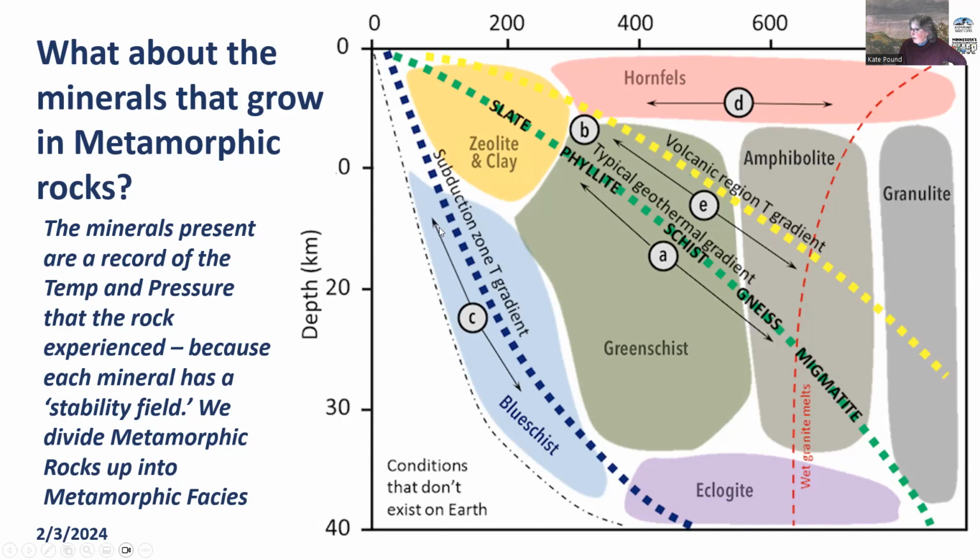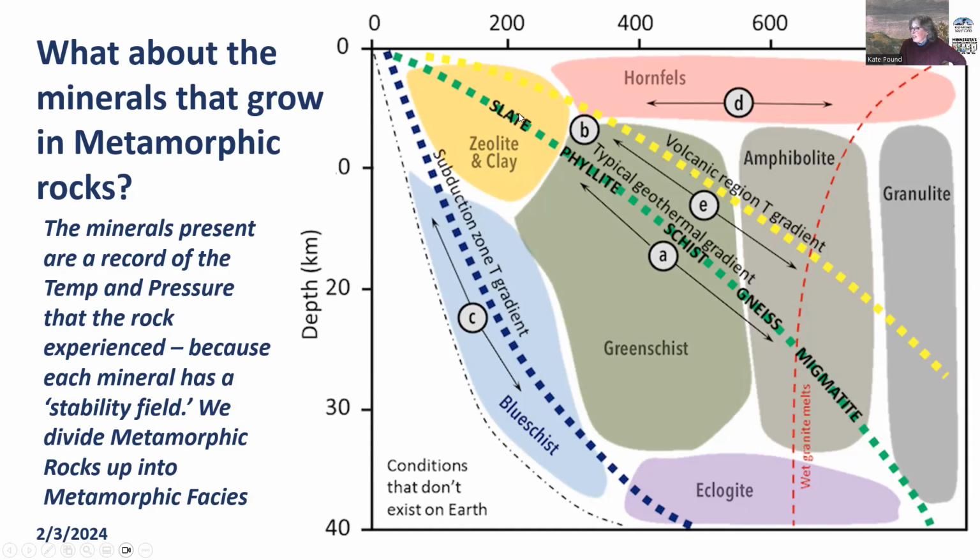This blue one here shows the trajectory of a subducting plate. So rocks that get shoved down a subduction zone will follow this line right here. So that's when you can produce these blue schists and eclogites. Let's look at this green line.